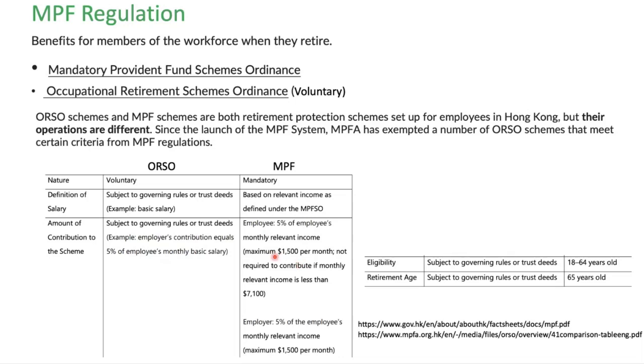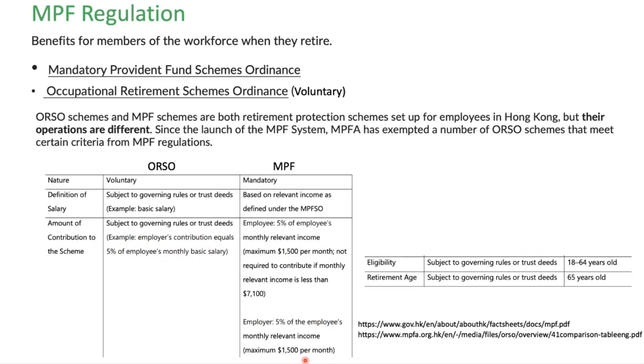It is a maximum of 1,500 per month, and not required to contribute if the relevant income is less than 7,100 Hong Kong dollars. Okay, so this is the difference. And the employer contributes 5% of the employee's monthly relevant income, with a maximum of 1,500 Hong Kong dollars per month.